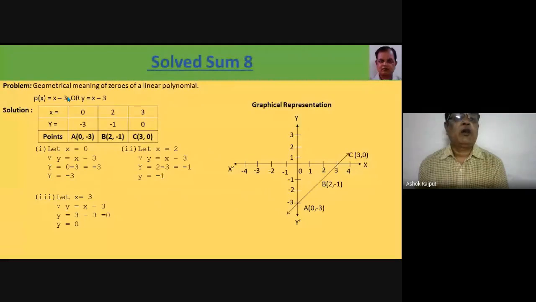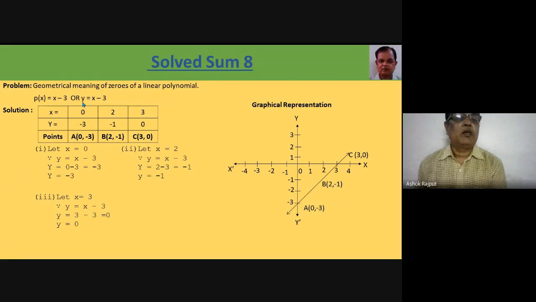Now the geometrical meaning of zeros of a linear polynomial, as p(x) equal to x minus 3, or y equal to x minus 3. It means its power is 1, so its solution may be different. If we change the value of x, then we will get a different value of y.